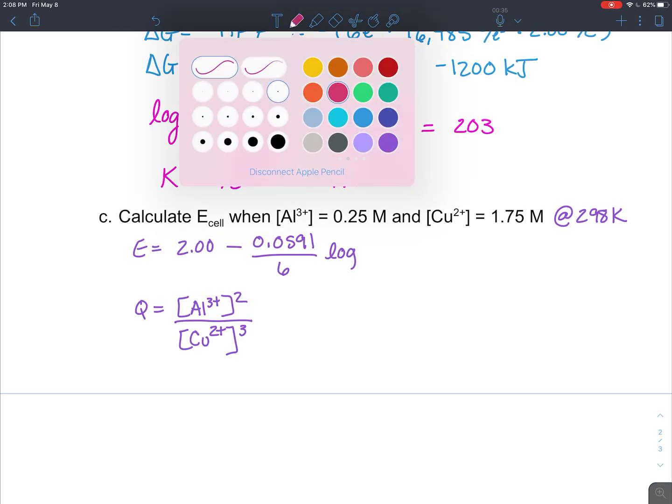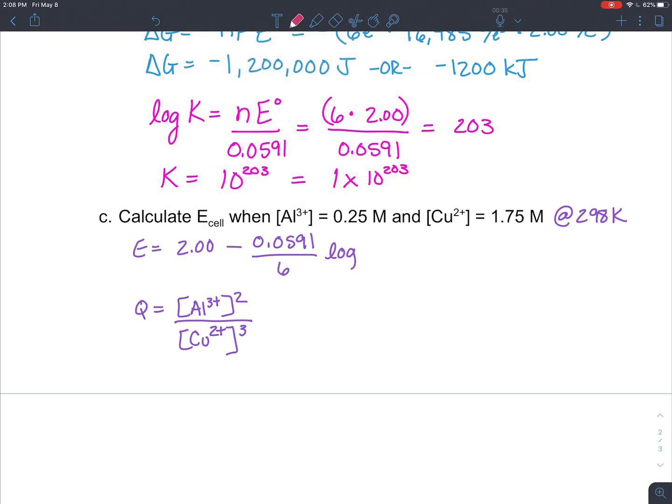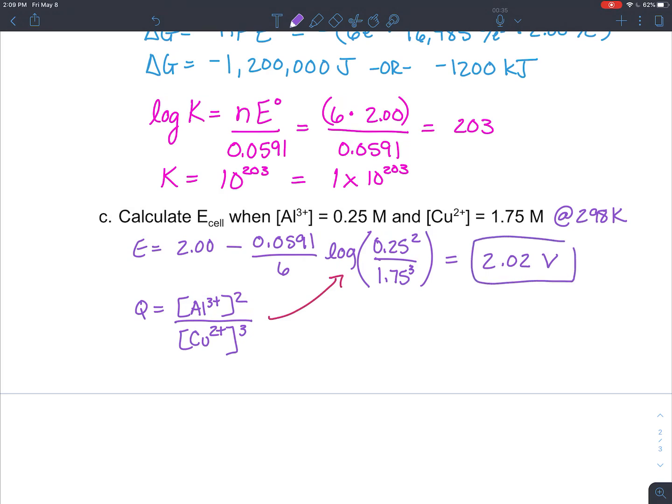Okay, so this is what we're going to plug in for that log. So that means we're going to have 0.25 molar squared on the top divided by the 1.75 molar cubed on the bottom. Be careful with order of operation in these. And when I calculated that all out, I got 2.02 volts.